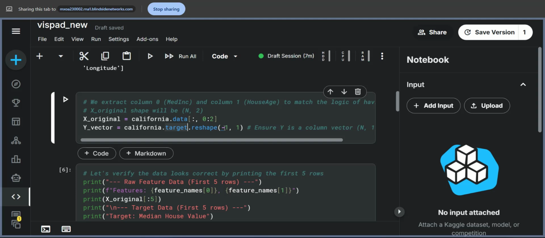Then we are giving it an extra dimension, which is 1 here. So it is going to convert from a flat list into a 2D vector. A 2D vector has rows and columns, so each of the rows has just one entry.